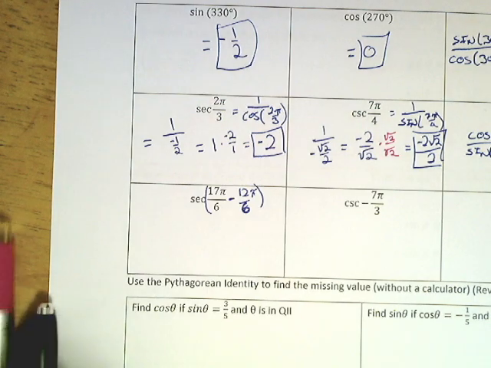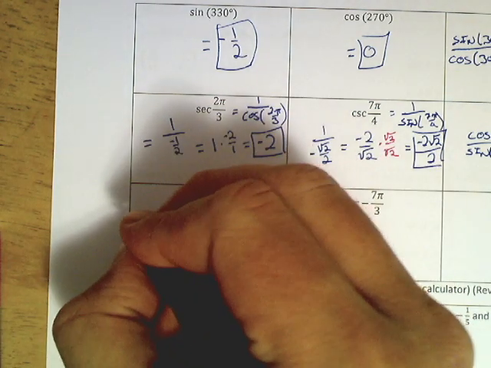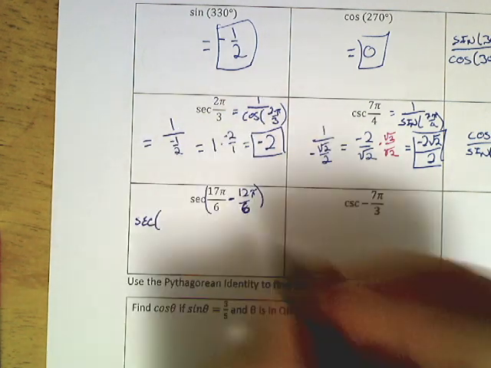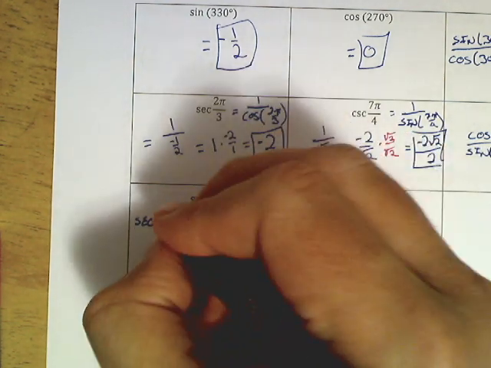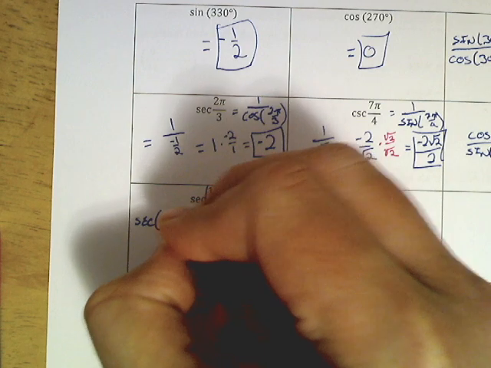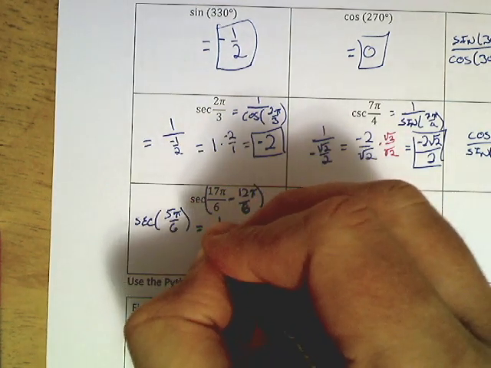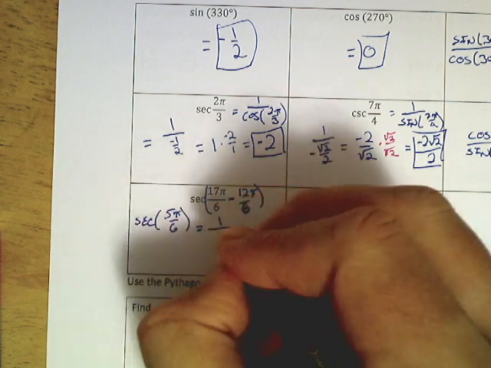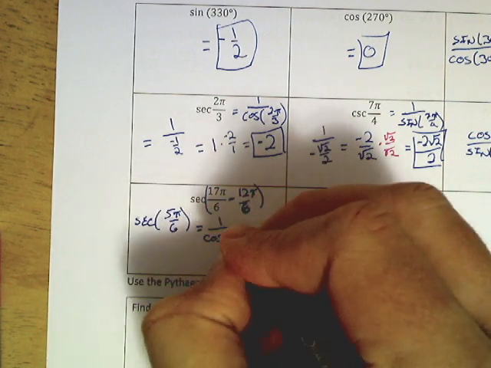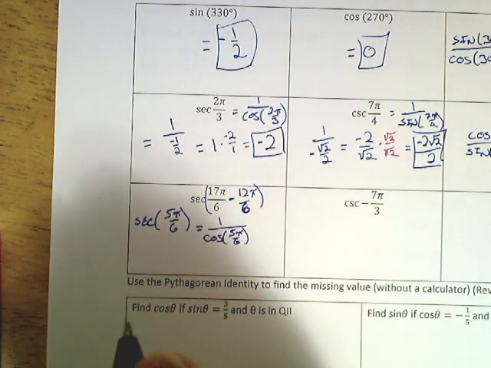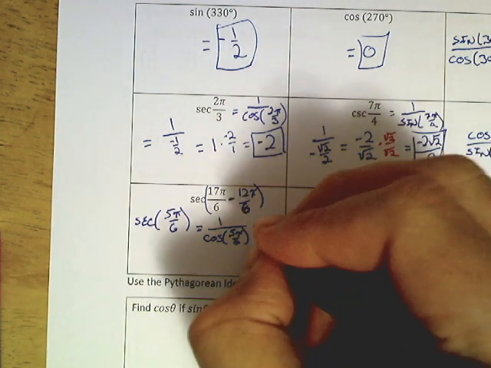So what we're looking for now is going to be secant of 17 minus 12 is 5 pi over 6, which is equal to 1 over, so secant should be paired with cosine of 5 pi over 6. And cosine of 5 pi over 6 should be a negative root 3 over 2.